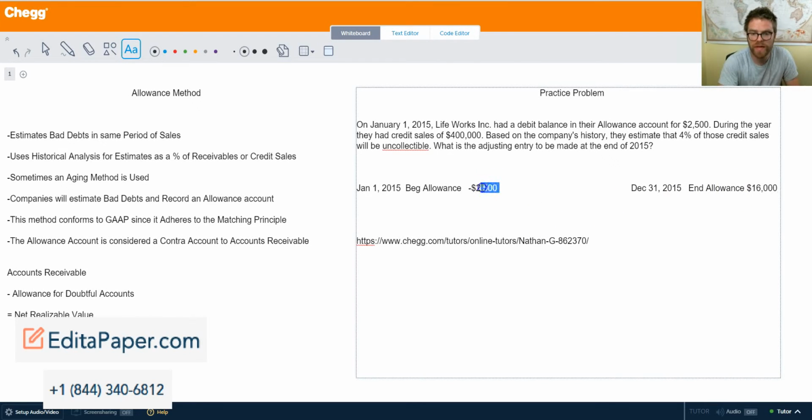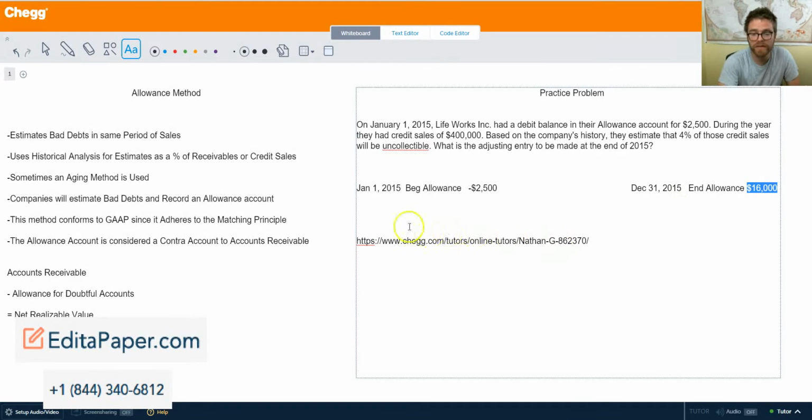All right, so you started with a negative $2,500 balance at the beginning, and you ended with $16,000. The question is, what is the adjusting entry to be made? What must you adjust, essentially, to get from negative $2,500 to $16,000? That's what they're asking.